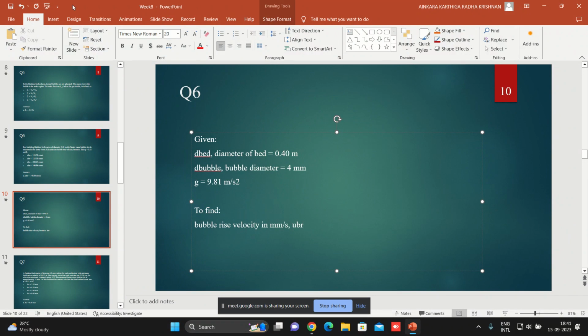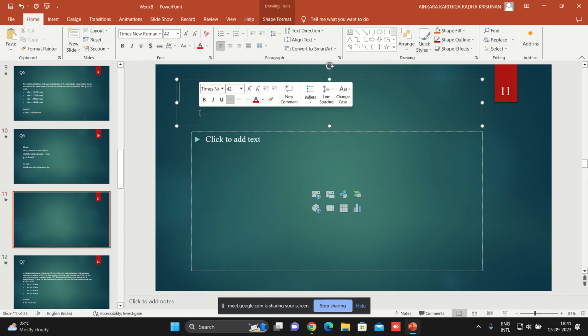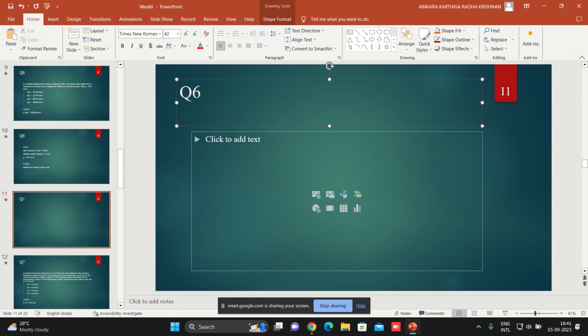So can anyone give the formula to be used in this particular question?